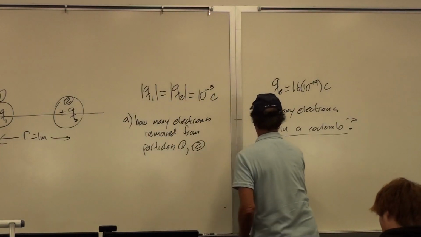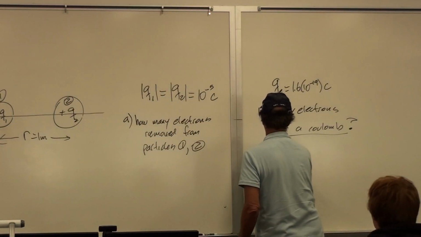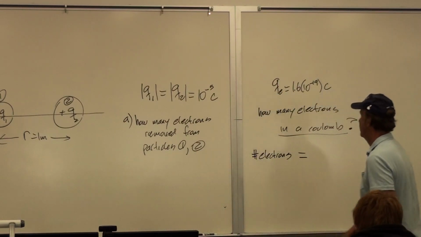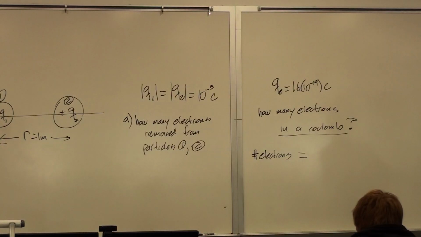How do we do that? We can say the number of electrons is equal to, and then what do we do with that? How many coulombs? Question mark coulombs.